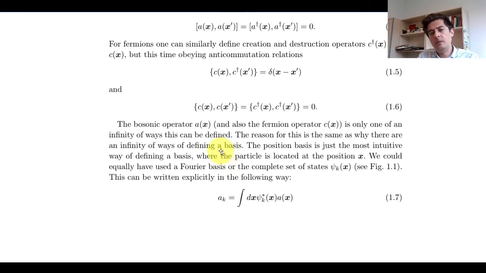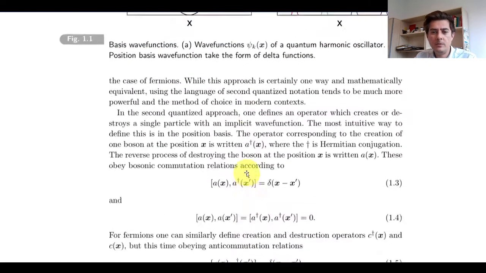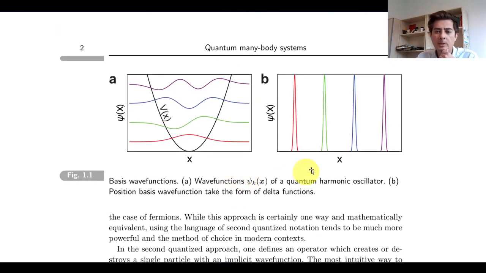So I think this type of thing is commonly taught in quantum mechanics courses, but what's quite a useful trick that you can use in this context is that what we defined here is with respect to a particular position. We can visualize this in terms of this figure.